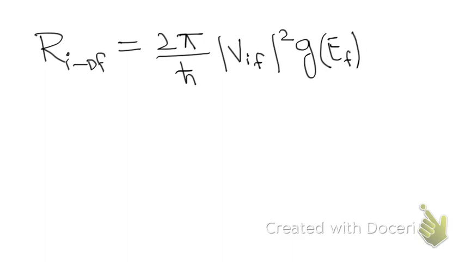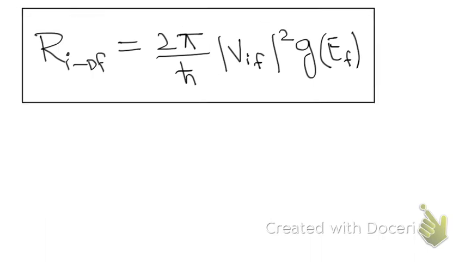Okay, so this expression over here is actually extremely important because this result is referred to as Fermi's golden rule. And because it is very general, it can be applied to many interaction types. It is applicable for a lot of interaction cases.